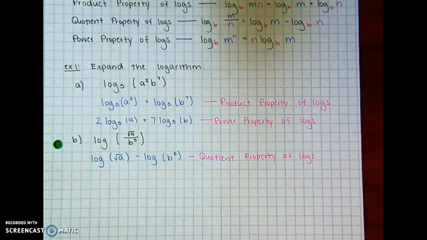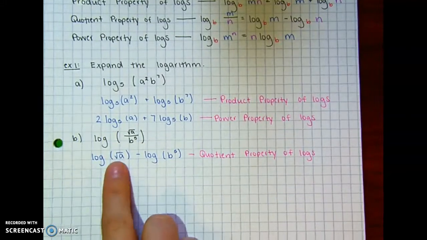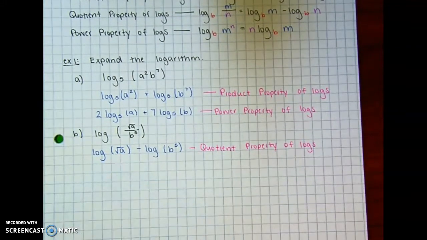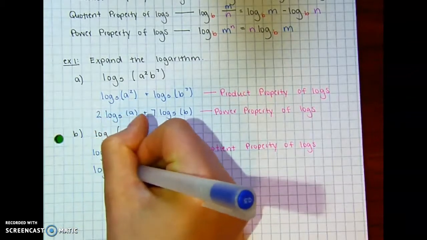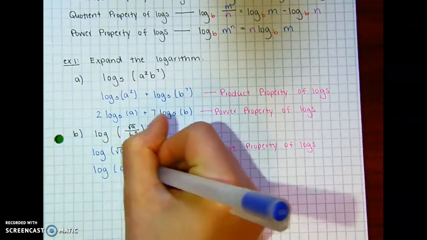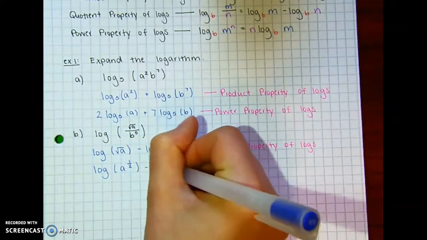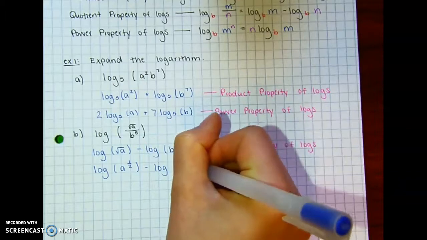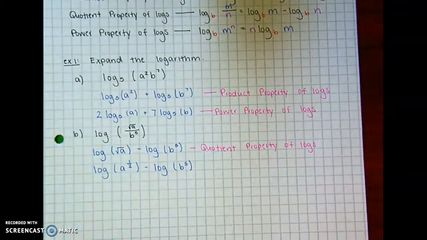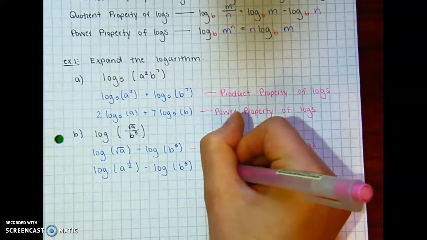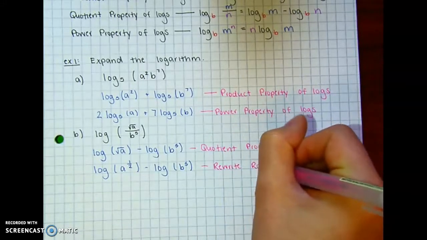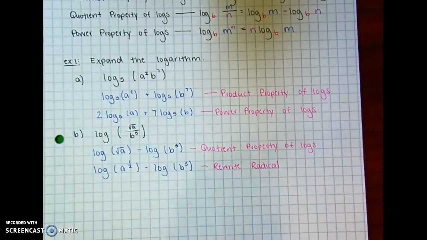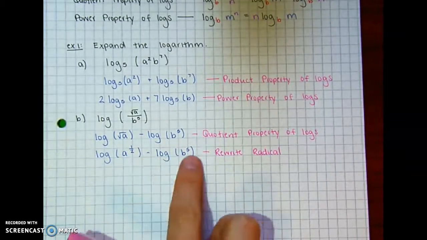Alright, now we know how to rewrite this, right? We learned how to rewrite radicals in a previous chapter, so I'm going to rewrite this as log of a to the 1/2, because we don't want radicals. So that is just rewriting our radical. And now I can use the property twice. We have a power here and a power here.